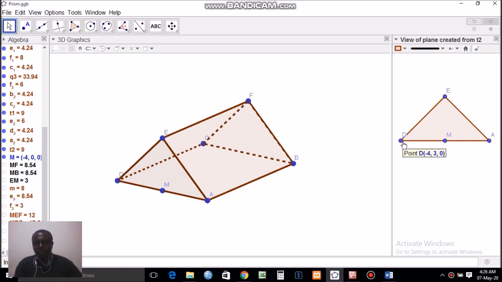Now, let us bring in the dimensions of this triangle. ED is 4.24, and then AD is 6 centimeters. I think we had also got the length of EM as 2.996. So, which angle are we expected to calculate? Or are you able to identify the angle between ED and AD?